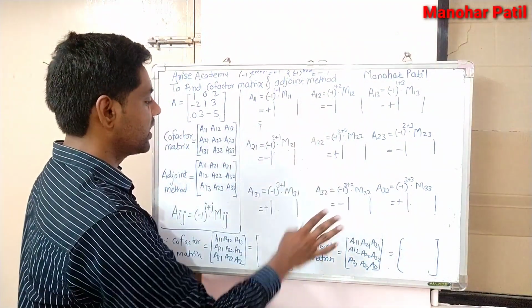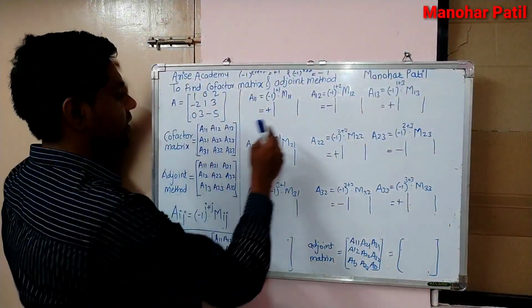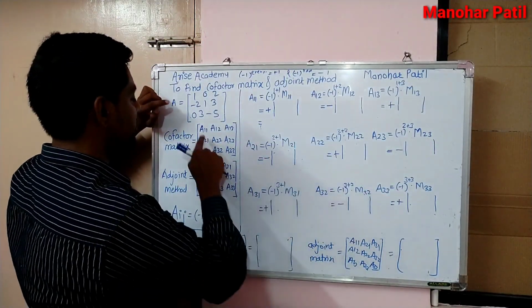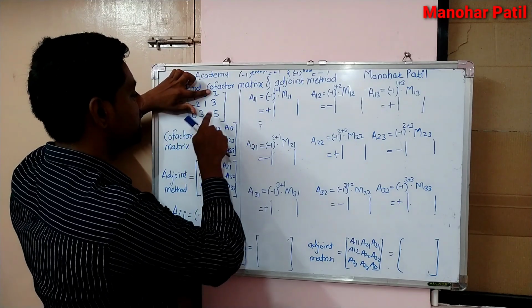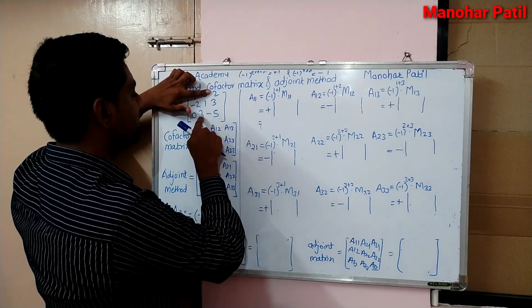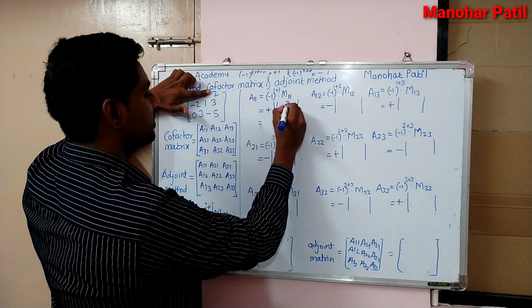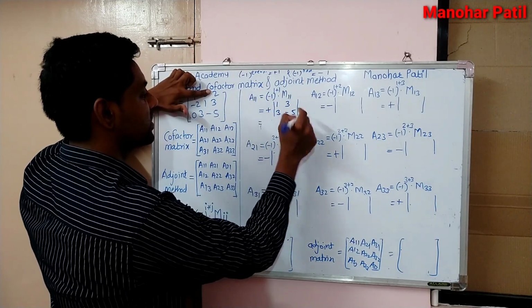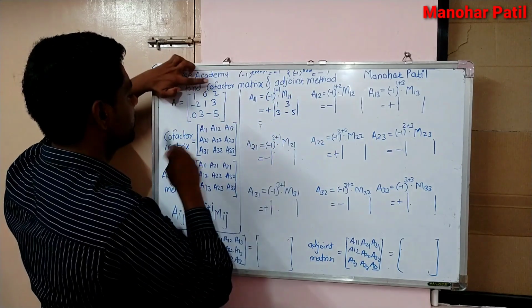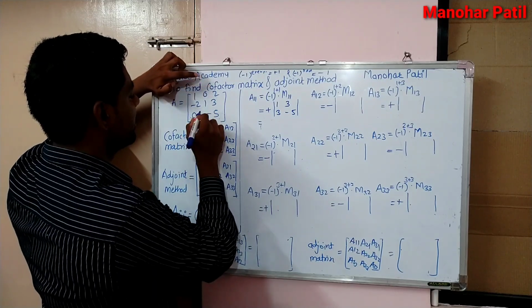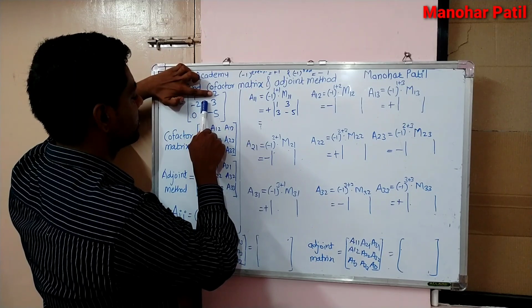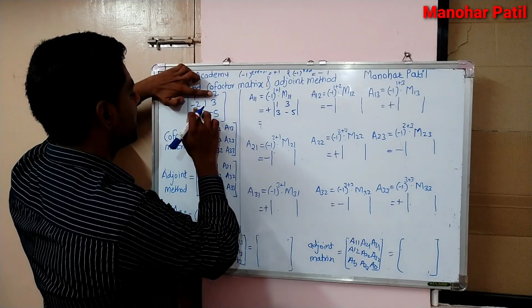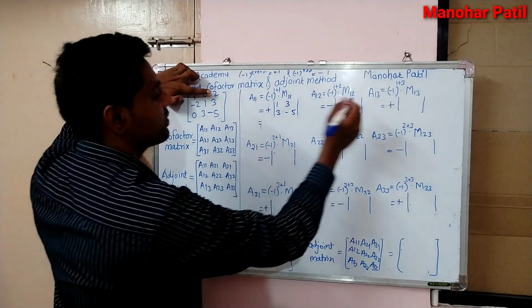So we know how to write the format. Once you write the format, then write down the minor of each element. So the minor of the first element: the first element is present in first row, first column, write down the remaining elements 1 3 3 minus 5. For element 12, present in first row, second column, write down the remaining elements minus 2 3 0 minus 5.